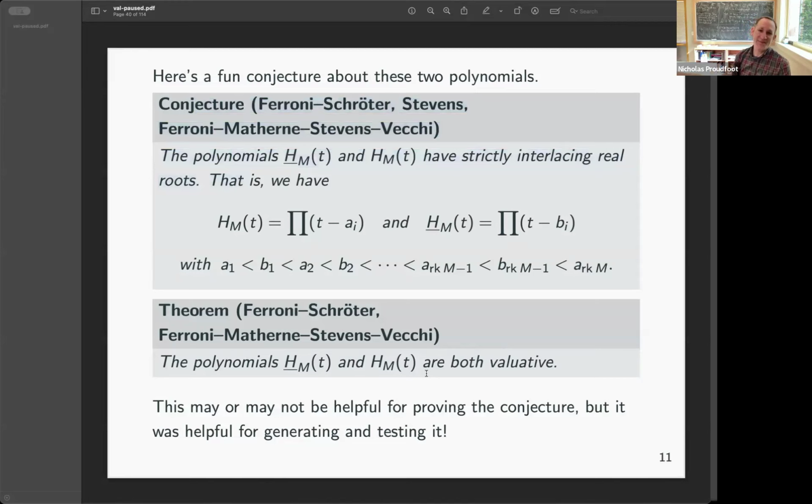And Luis Ferroni in particular is a wizard at doing these calculations. And he's looked at a lot of data, and that absolutely informed these conjectures. So the relationship between the conjectures that I'm stating and the valuative theorem: I'm not claiming that it will be useful for proving, but it's definitely useful for formulating, checking, and testing these conjectures.